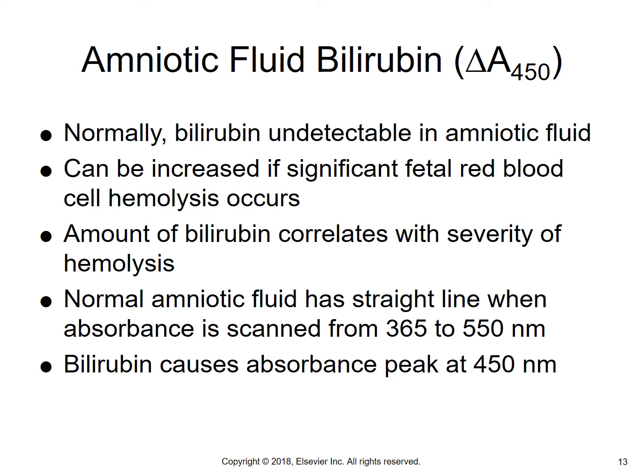The curve is obtained using a straight line that gradually decreases in absorbance between 365 and 550. Bilirubin has a maximum absorbance at 450, so as the concentration of bilirubin in amniotic fluid increases, the absorbance of the curve also increases.